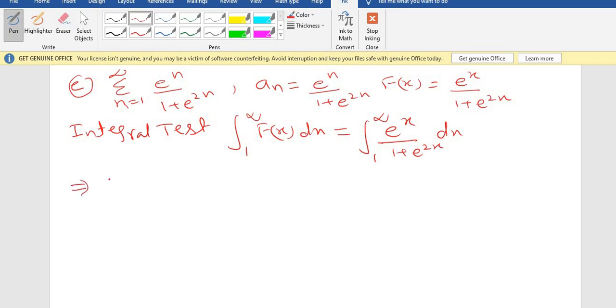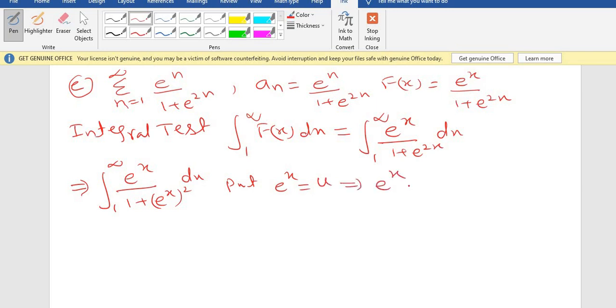Can I write this as the integral from 1 to infinity of e power x divided by 1 plus (e power x) whole square. So now check that. If you put e power x as u, this means that e power x dx is equal to du.